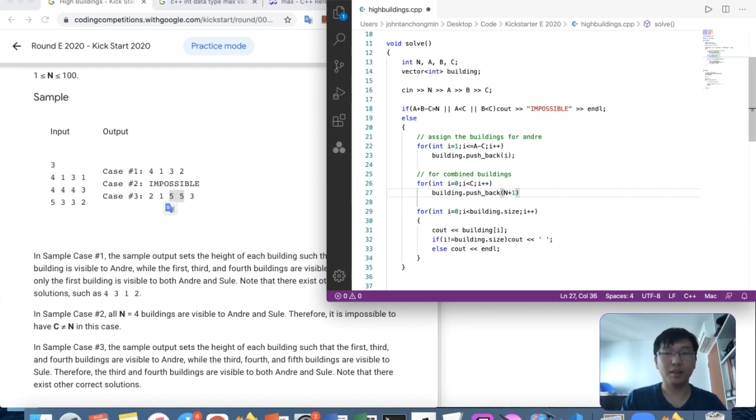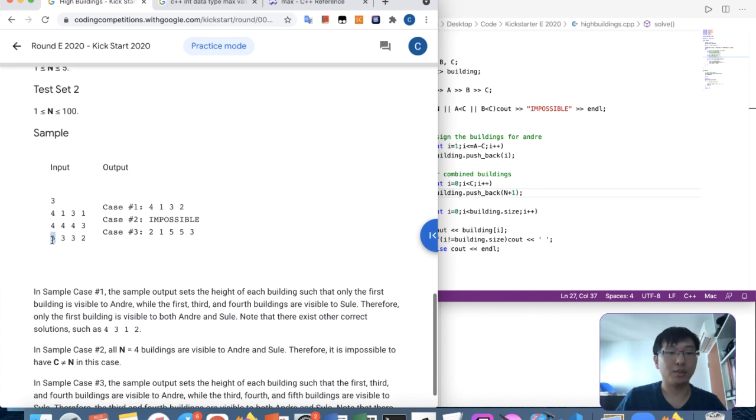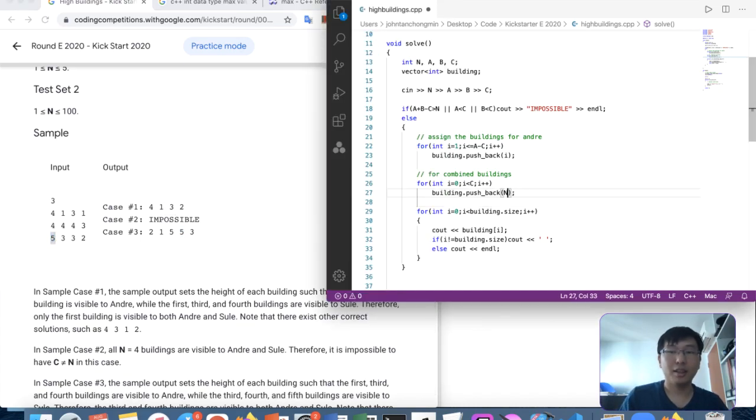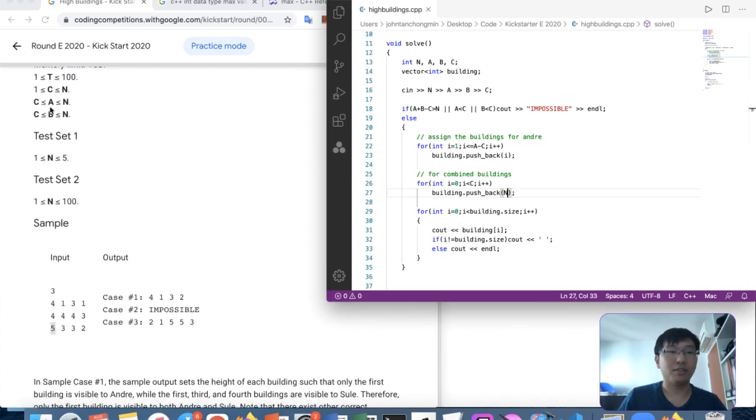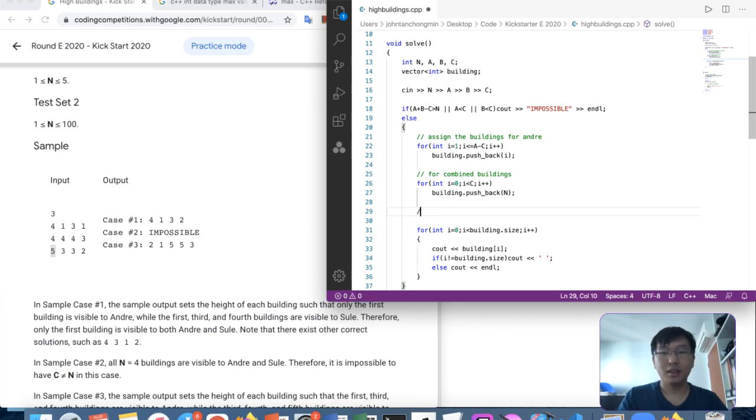Maybe we push back the case where it's n plus 1, which is definitely taller than any of them. Actually it's not n plus 1. Because the height of the building must be bounded by n, we can push back height of n.